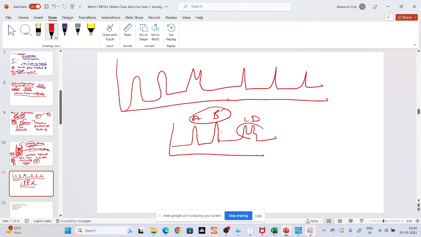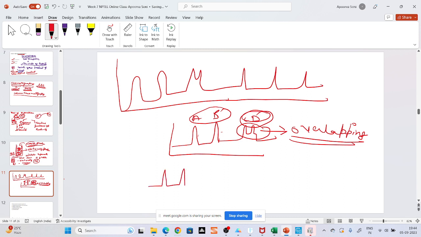But these are overlapping peaks, fused peaks. These are overlapping. They are not very well separated. That means these molecules are not very well separated with the help of the chromatography experiment. So a good chromatography experiment will give you distinct peaks like this.